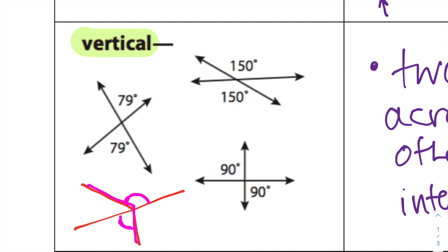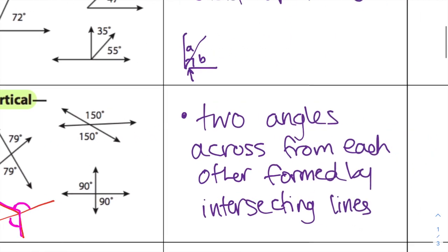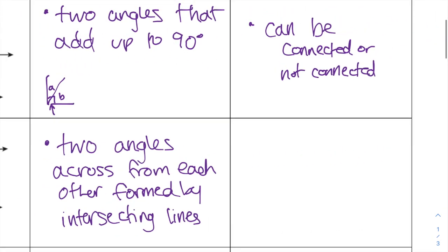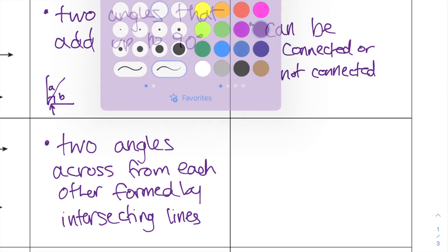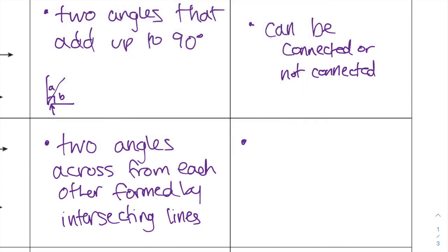So it's not an intersecting line, it's two segments that are meeting at a point. So that's the one thing you have to be careful of with vertical angles. And then hopefully what we learned through the investigation was that vertical angles are always congruent.